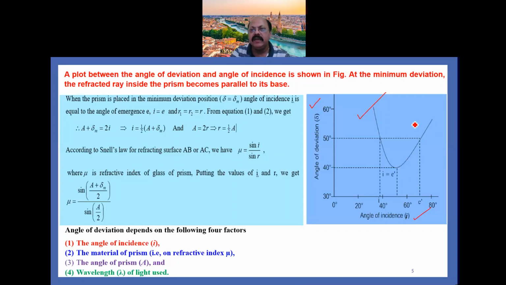So the graph comes like that. One more important point is that at the minimum deviation, the refracted ray inside the prism becomes parallel to its base.